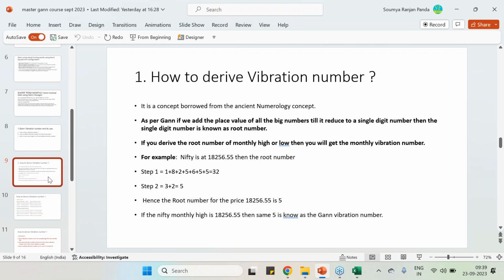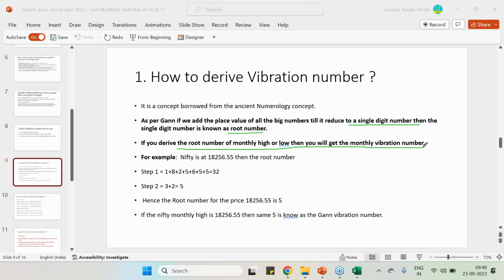Like astrological concepts, he has taken certain things; here the numerological concept, he has also taken something. What he is doing is a very simple concept. Reduce the number to a single digit number, so that number is the root number.